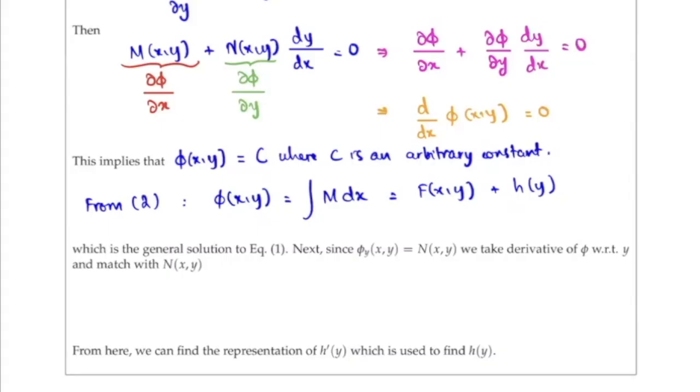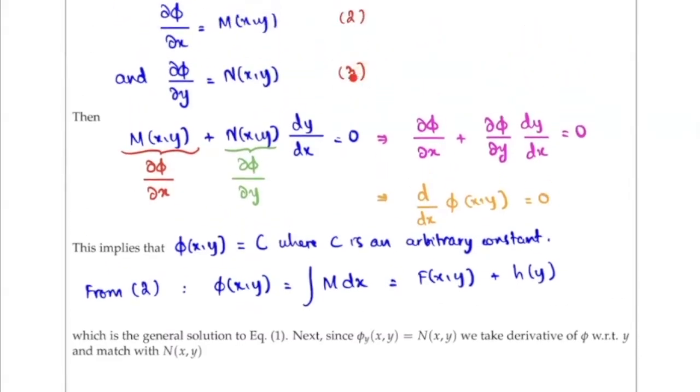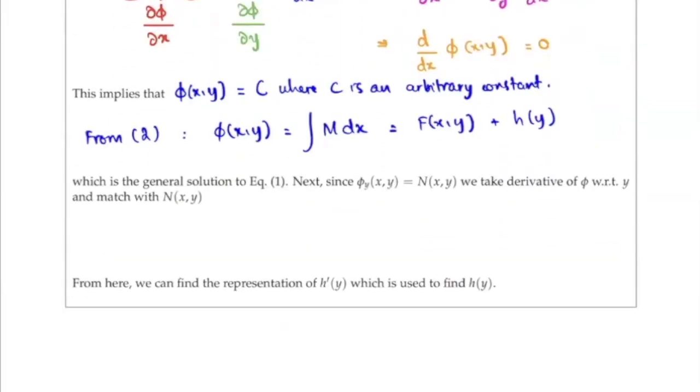Now the next step is to find the representation of h of y, and we do that by using the third equation, equation number 3, the partial derivative of phi with respect to y. We take the derivative of phi with respect to y and match it with capital N of x y.